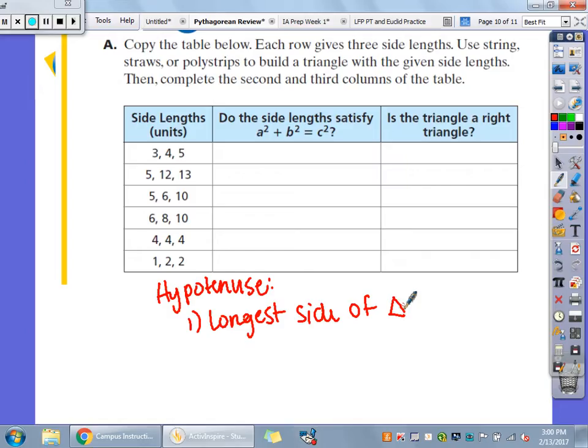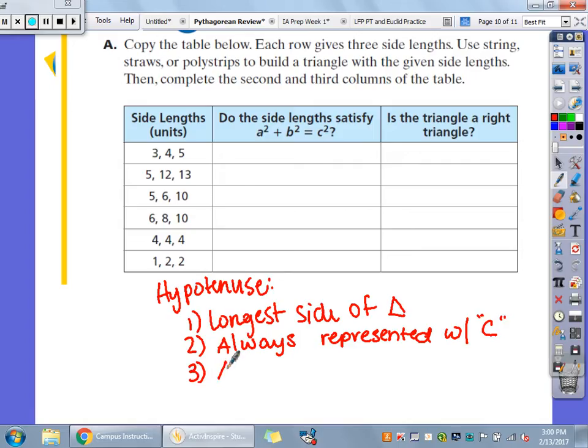Okay, it is always represented with c in the Pythagorean theorem. And the last thing is that it's always opposite the 90-degree angle.